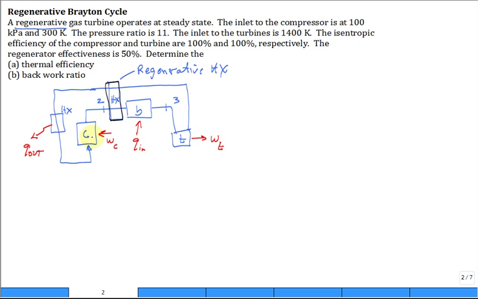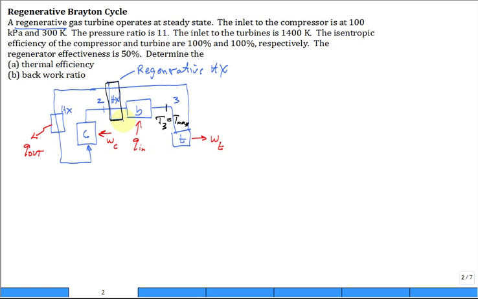No. Does it change the work of the turbine? No, because often this temperature going into the turbine, this T3, is T max. That's your maximum temperature. Don't change your maximum temperature. This regenerative heat exchanger doesn't change the maximum temperature, so it doesn't change W_C or W_T. What it does is it reduces Q in. Q in is smaller because you're getting it heated up from 2.